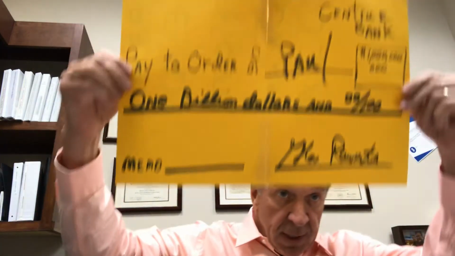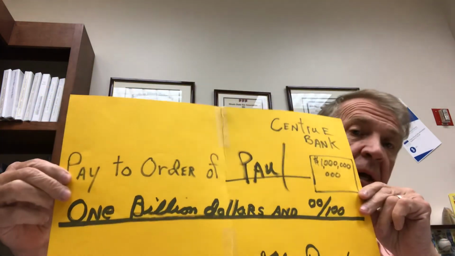The next area that we need to talk about is what is called the holder in due course requirements. Now, let's pretend I have a check here. See my check, can you see that? Okay.